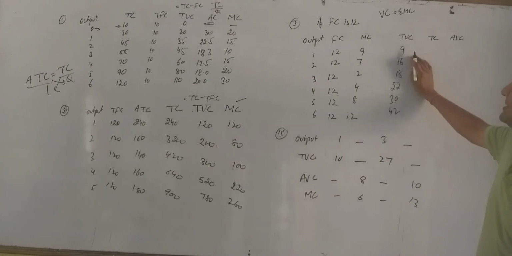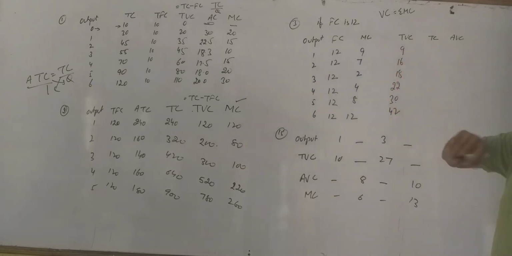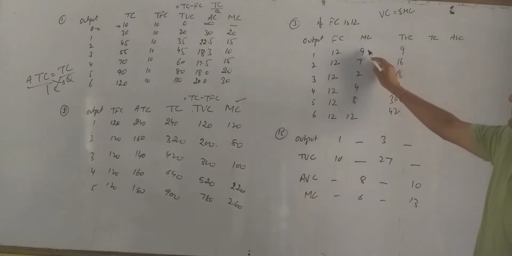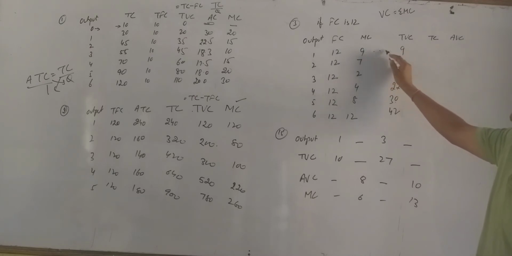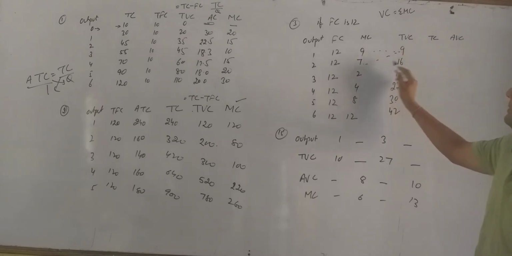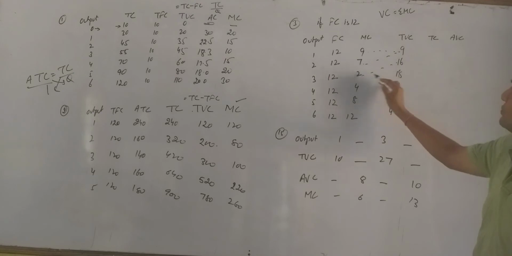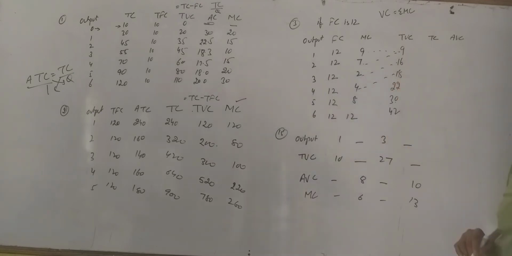So this is known as TVC, sigma MC. Z addition. How is it Z addition? First 9 as it is, then 9 plus 7, 16, 16 plus 2, 18, 18 plus 4, 22 and so on.